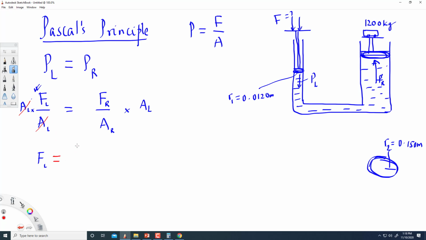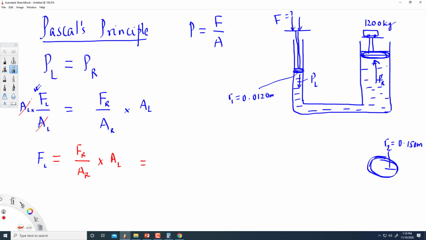Then FR over AR times AL. That formula gives me the force on the left. FR is the force on the right. How much force are you exerting on the right? On the right, we want to lift the car.